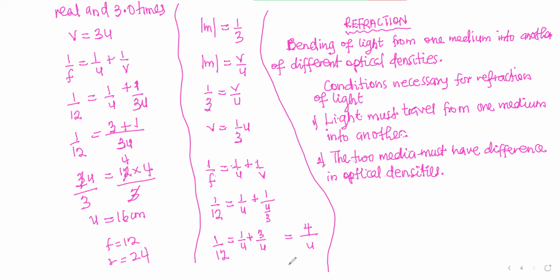So one, light must travel from one medium into another. And two, the two media must have a difference in optical densities. They shouldn't have the same density. And when this happens, we'll have refraction of light happening.